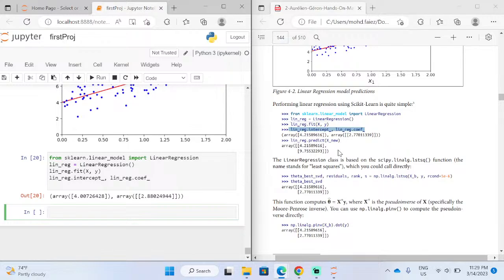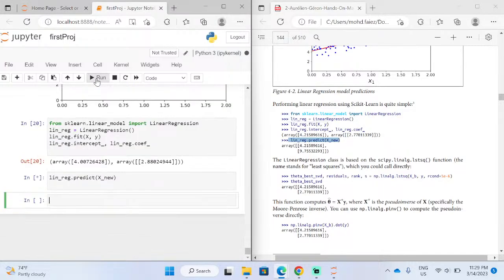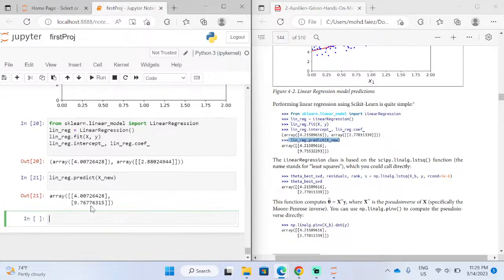And now we have checked. Now we will predict x new and see how right it will predict. So 4.0, which is very accurate, I don't know why. 4.0 and 9.7.